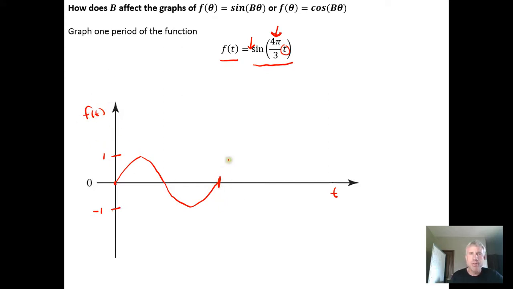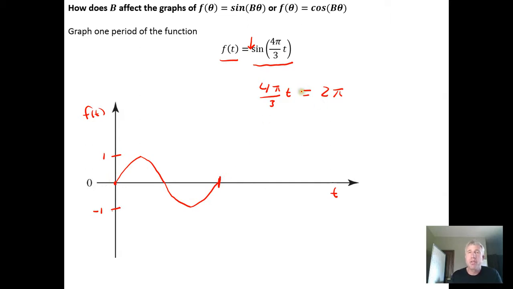We need to figure out what number needs to go right here. The pi that I see here tells me that a natural way to measure things would be in radians. The input to the function is 4 pi over 3 times t, and I'm going to ask the question, when does this input equal 2 pi, which is one trip around the unit circle? It's one period.